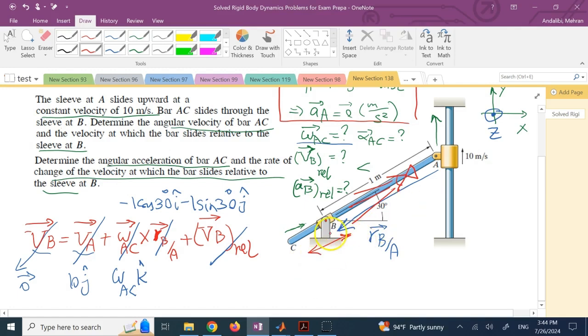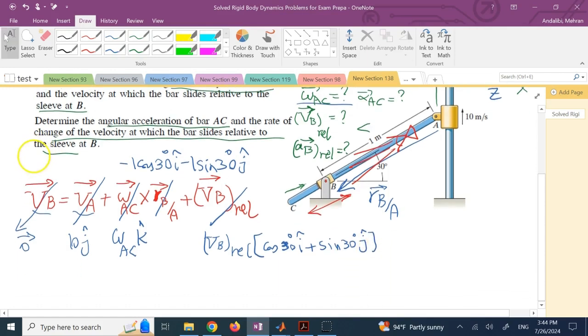The direction of it is along the member. So for that, we can write it as VB relative, the magnitude, which we don't know, times the unit vector, which is cosine of 30 in the i direction. Sorry for my bad handwriting. I know this is not super beautiful, but I always have trouble writing nicely on the monitor. So that's your unit vector.